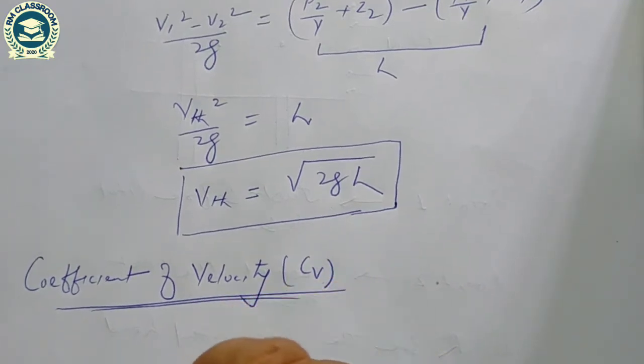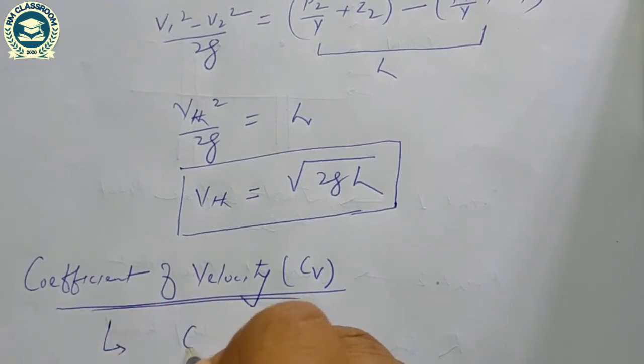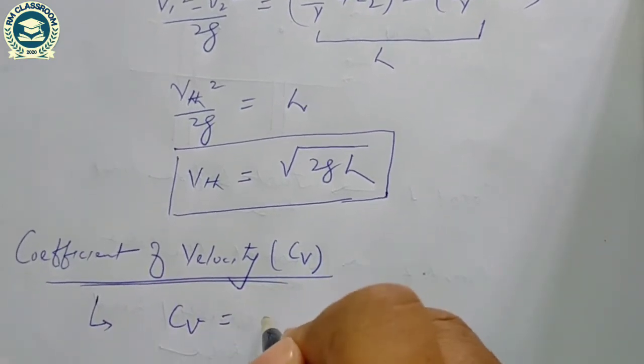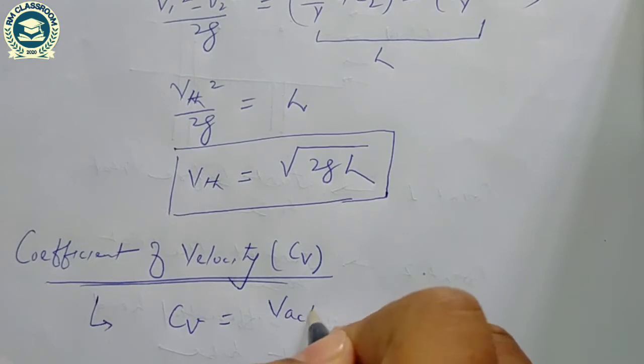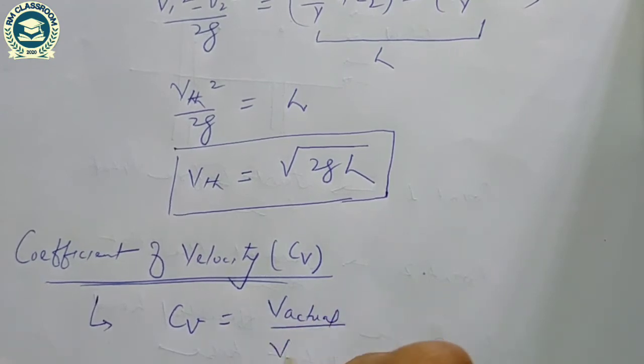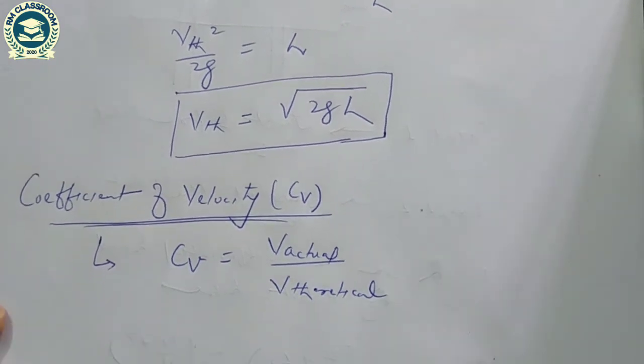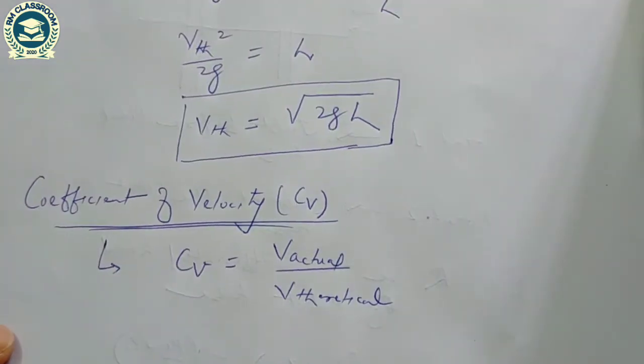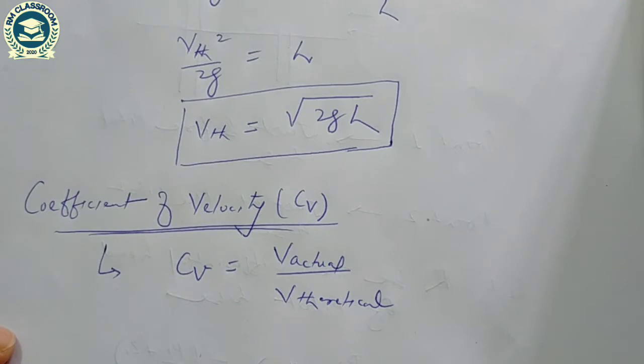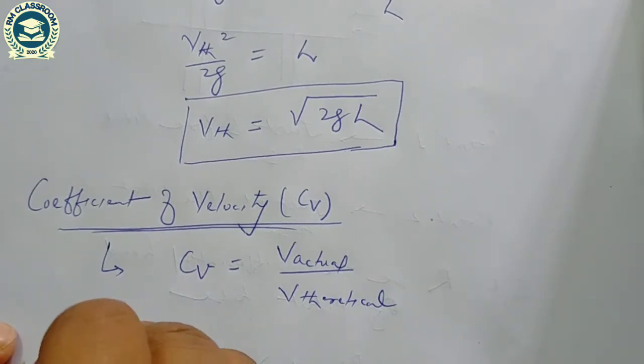So here the coefficient of velocity is defined as the ratio of actual velocity to the theoretical velocity, and this value lies between 0.98 and 0.99 for the pitot tube.